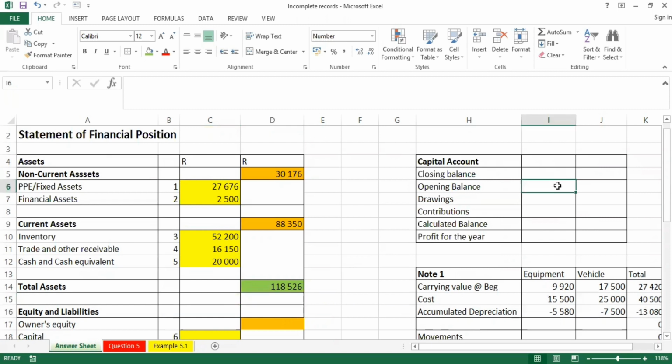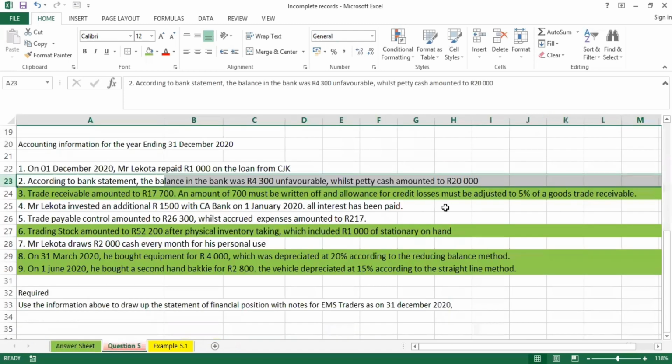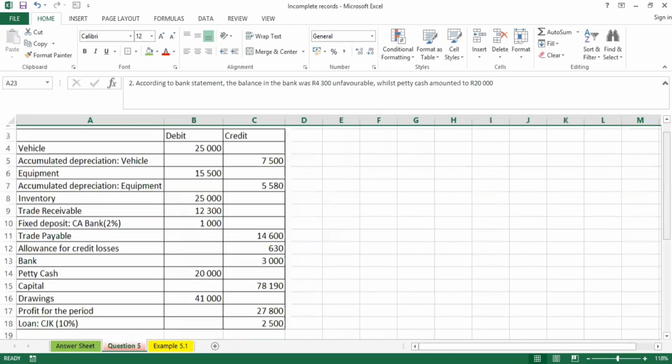Okay, so we'll start with the capital account that we used on our previous question. We'll start with our opening balance. We all know how to get our opening balance. When we're looking for the opening balance, we go back to our question. Okay, we are done with note number 2, so let's just evaluate that.